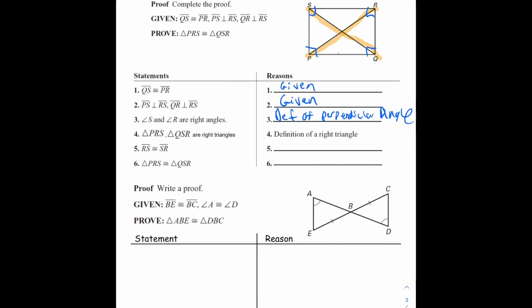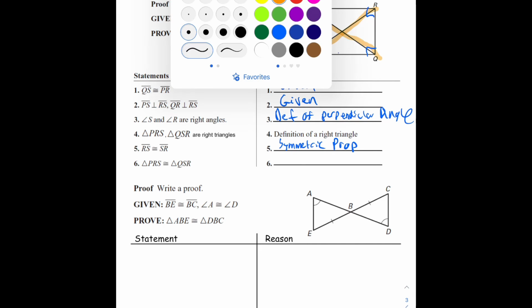Okay. RS is congruent to SR. That's the symmetric property. I can switch the order around and it's still going to equal each other. Therefore, PRS is congruent to QSR. So let's highlight our triangles.